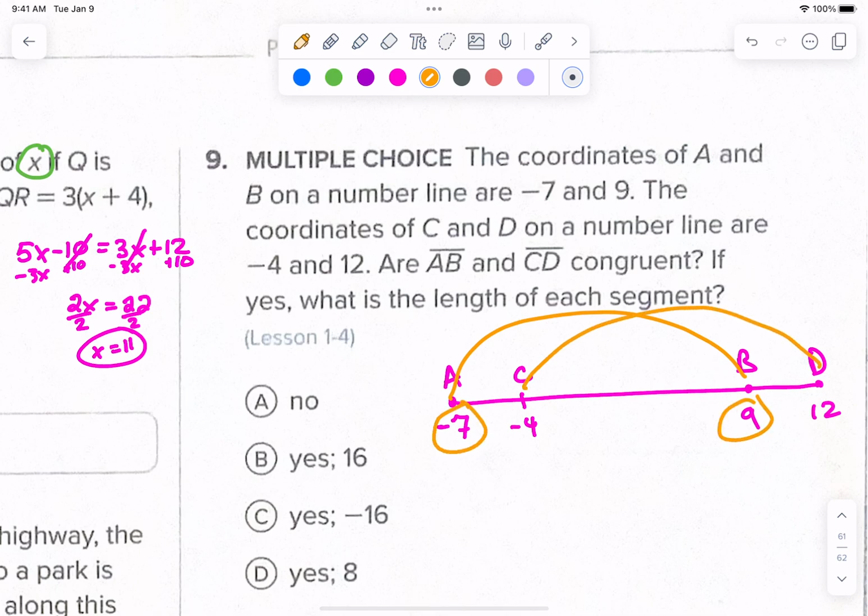A is -7, B is 9. How far apart? 16. -4 and 12, how far apart? 16. Are they congruent? Yes.